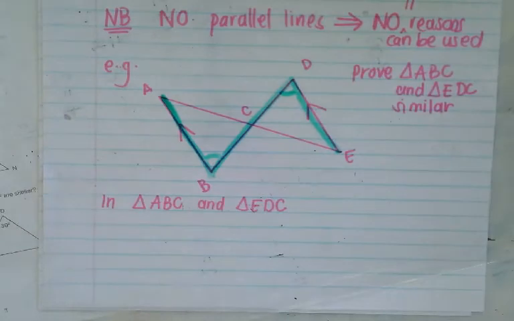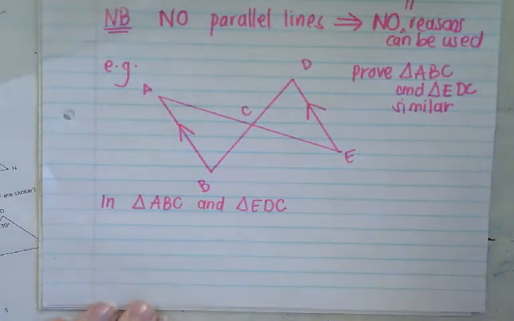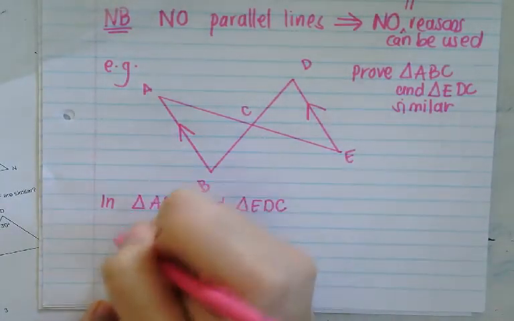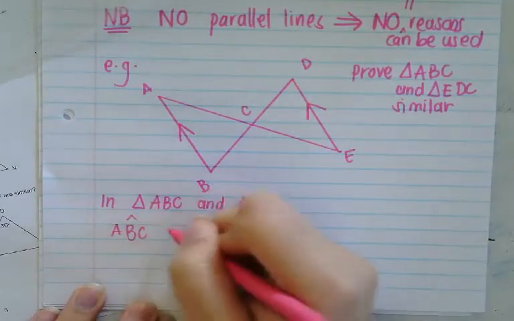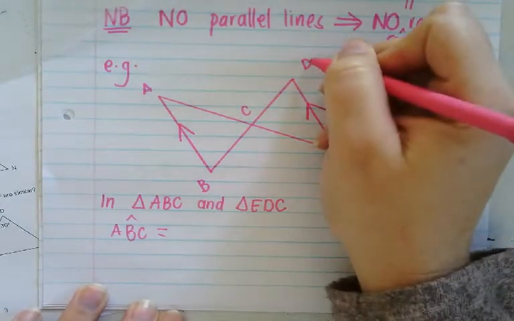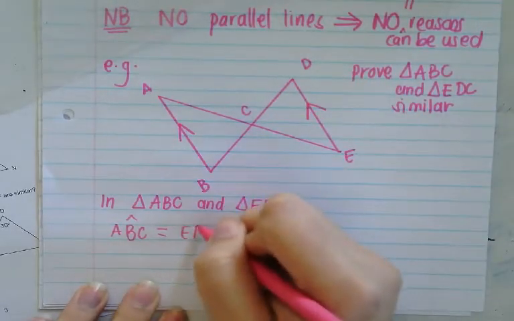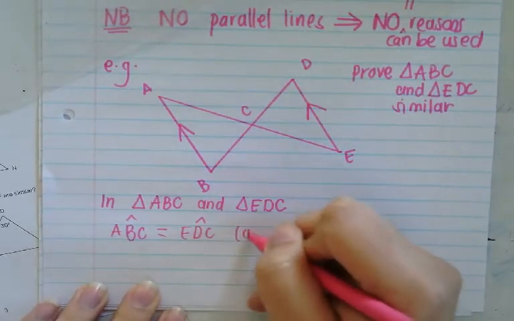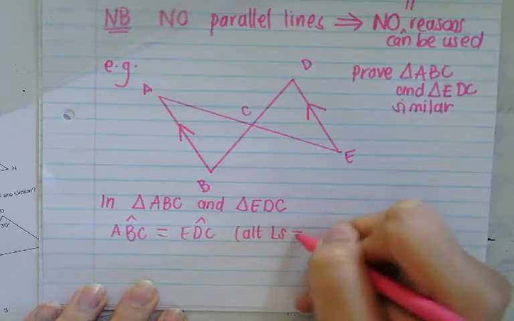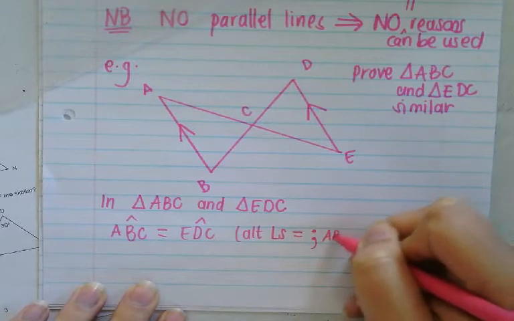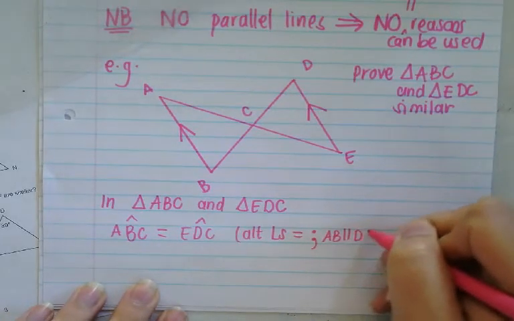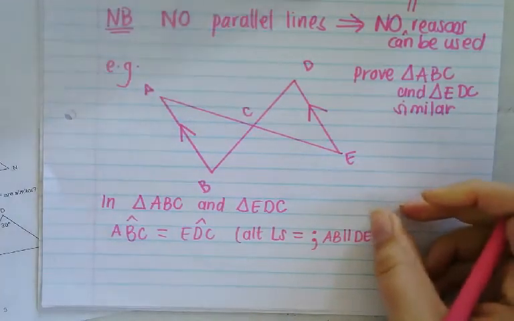There's my Z. Alternating angles are equal. So let's write that down. Using 3 letters, I like that. Angle ABC is equal to angle EDC, alternating angles are equal. Which lines are parallel? AB and DE. Fantastic. So that's one angle done.